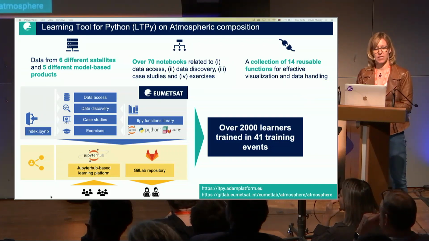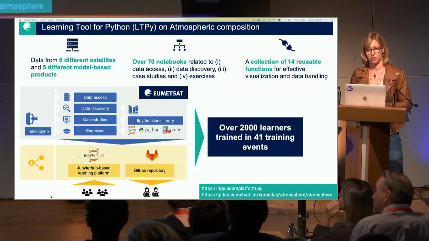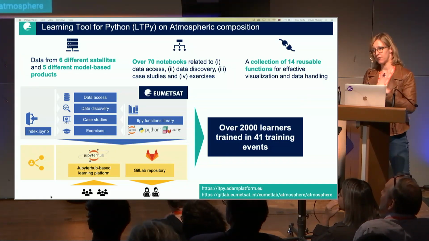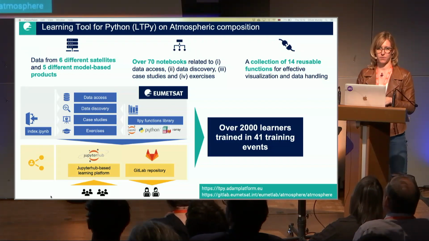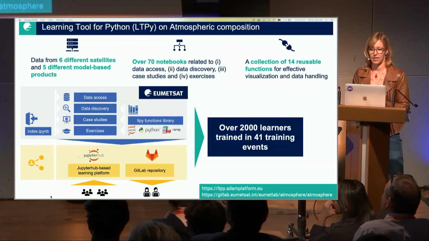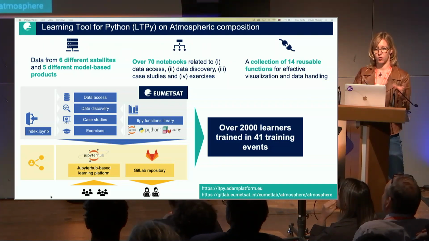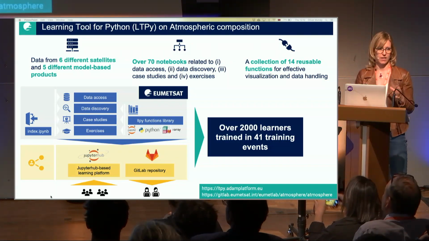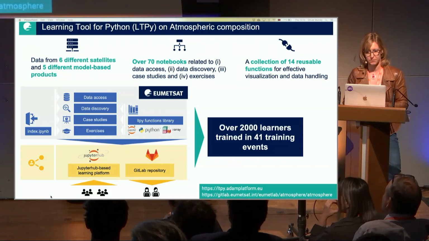In this course, this covers 6 different satellite products and 5 different model-based products. And the particularity of the course is that we also developed a set of reusable functions, which is a collection of functions that help us to reapply a specific set of code to visualize and handle data throughout the different modules.